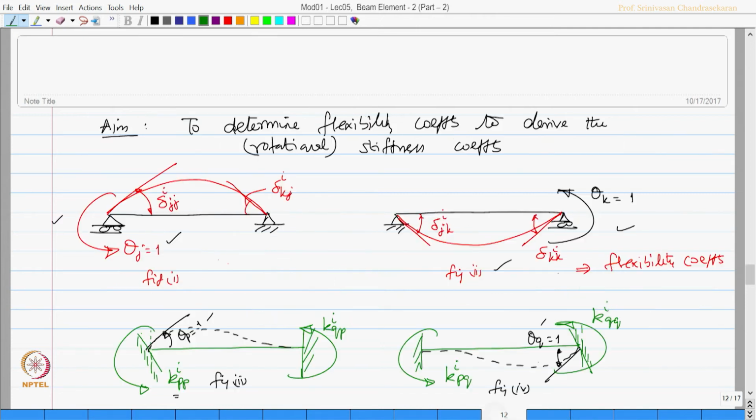You can see here this is unit rotation, but kth end is no rotation, restrained.